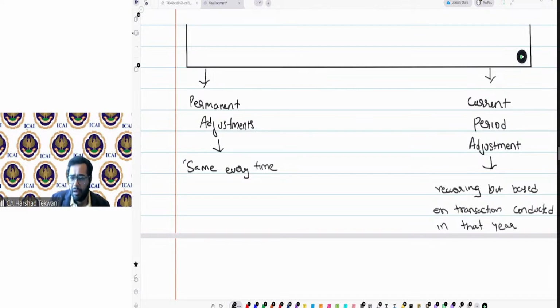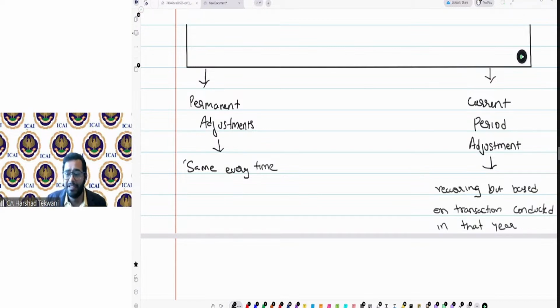For example, unrealized intra-group profits on inventory, sale purchase, intra-group loans, interest paid received, adjustment relating to alignment of policies, adjustment related to the alignment of your financial reporting framework or GAAP, adjustment relating to subsequent events.